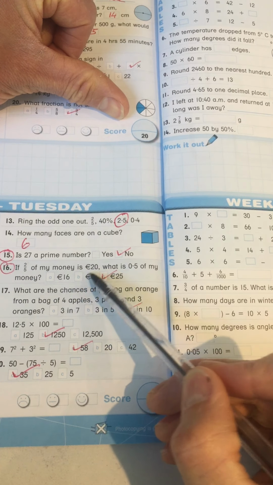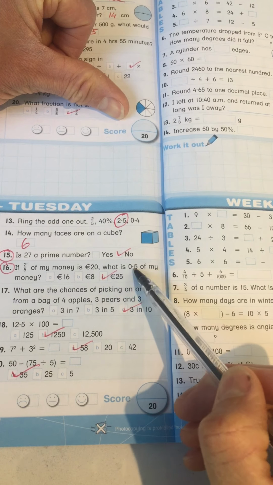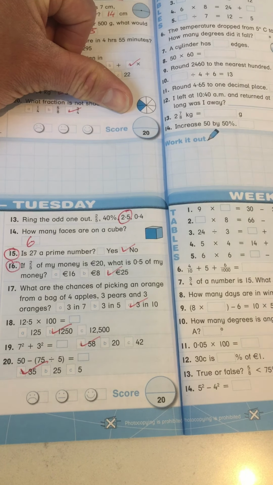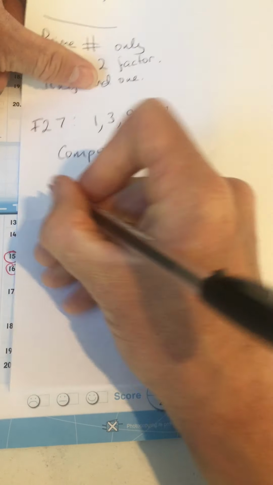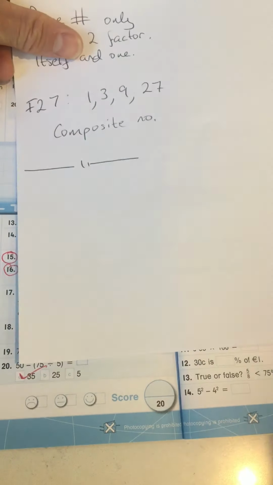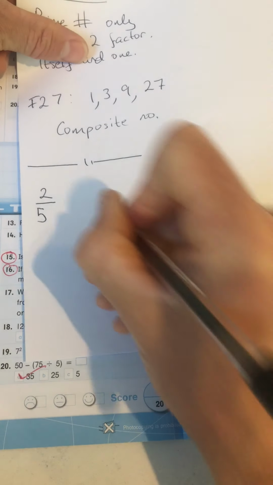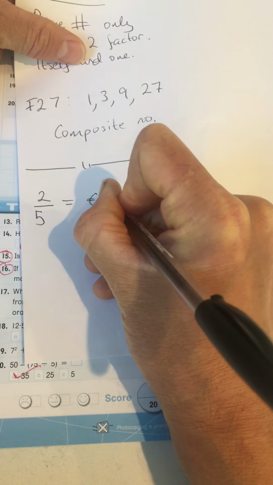If 2/5 of my money is €20, what is 0.5 of my money? Now, I'm going to write that as a math sentence. 2/5 of my money is €20, so 2/5 equals €20.